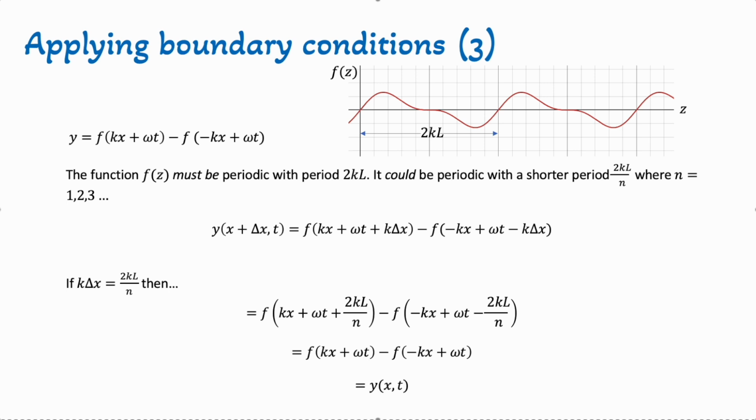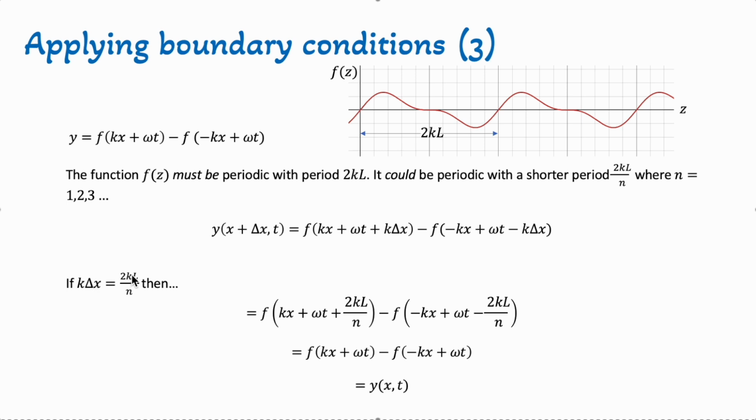So in other words, providing k delta x is 2kL over n, we get back to where we started. That means y has a wavelength along the string of 2L over n, because the k's on both sides will cancel.